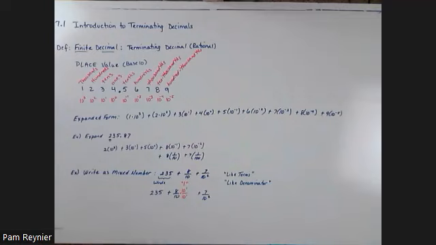And so now I have 235 plus 80 over 10 to the second plus 7 over 10 to the second. So that gives me 235 plus 87 over 100, since that's what 10 to the second is. And therefore we are left with 235 and 87 hundredths.